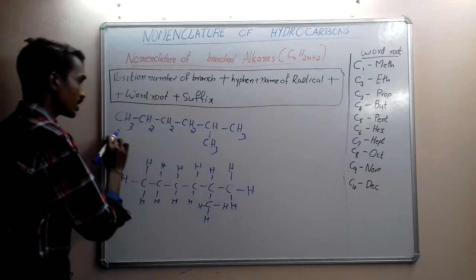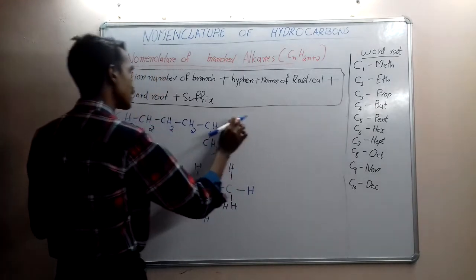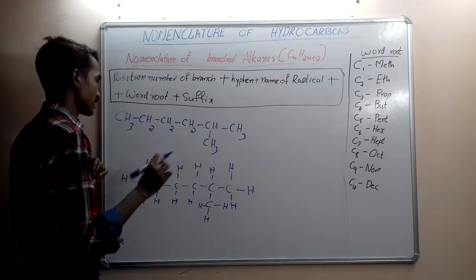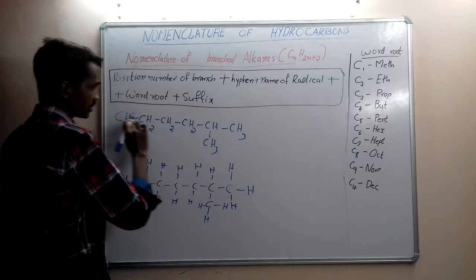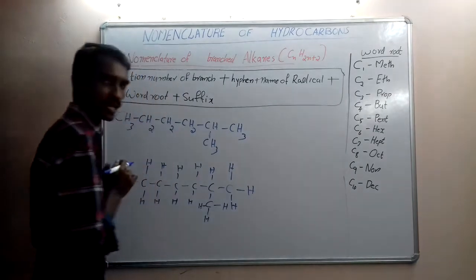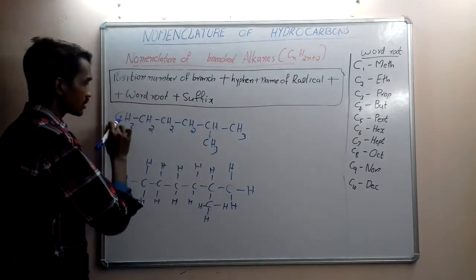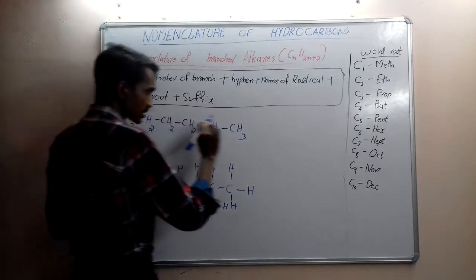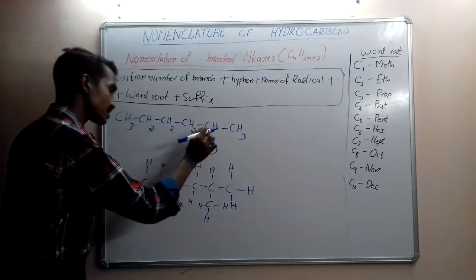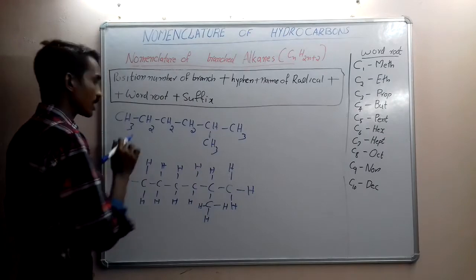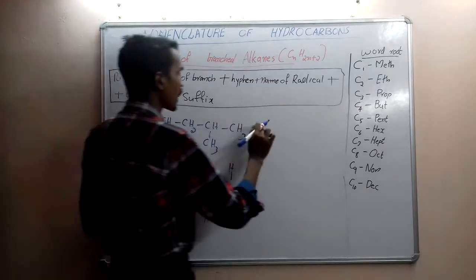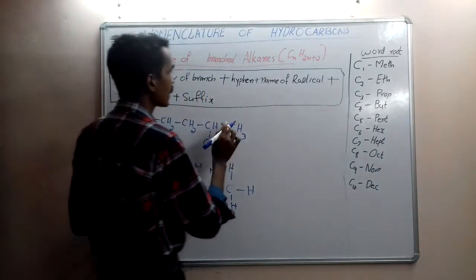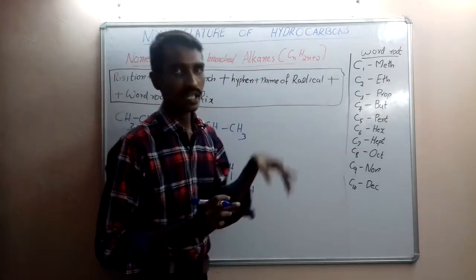Okay, so in this compound, there are 2 branches. What are they? This is the 1 branch and this is the 2 branch. Okay, so among these, which is the largest branch? This is the largest branch and this is the shortest branch. Okay, so the largest branch is called the main branch and the shortest branch is called the alkyl radical.